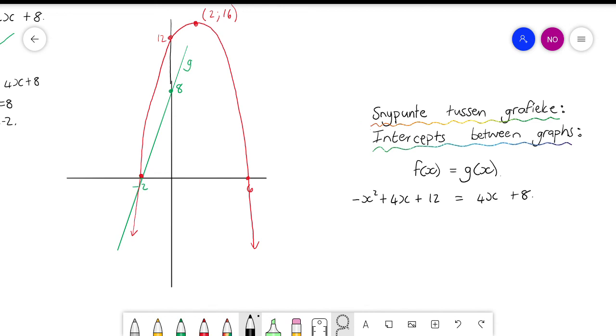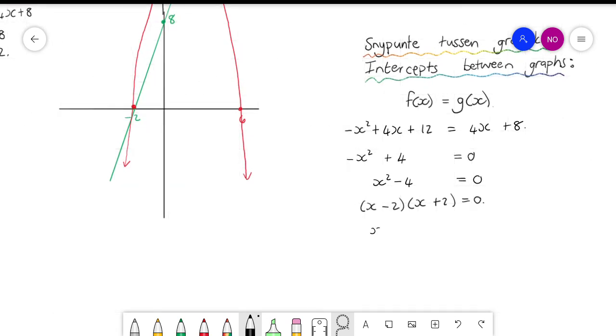Want ek kan nou gaan sê, hierdie grafieke sny mekaar waar x gelyk is aan 2 en waar x gelyk is aan -2.